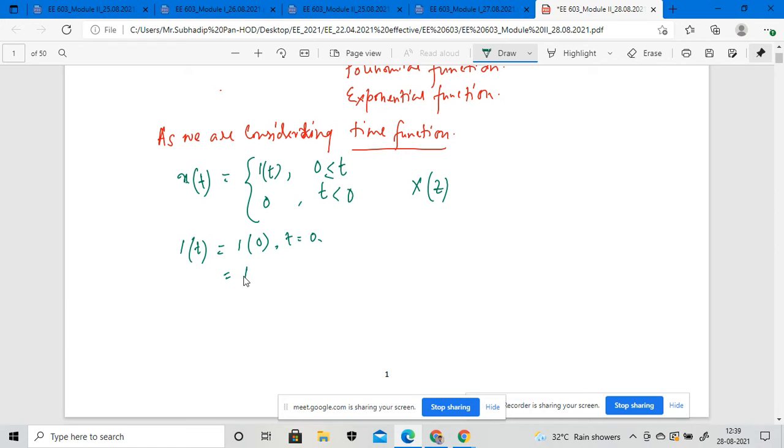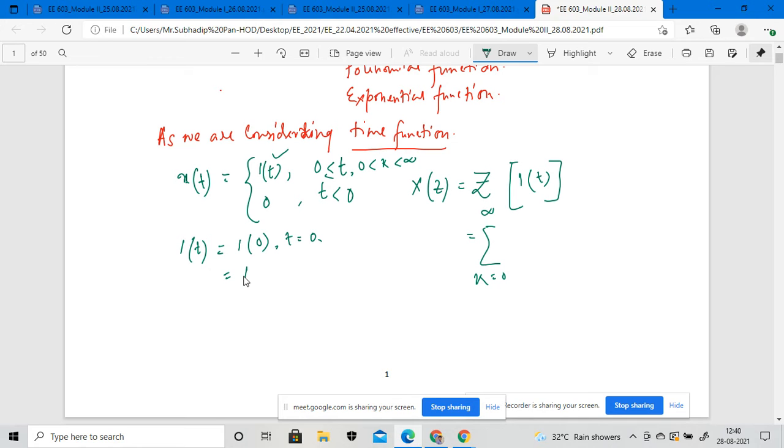X of z equals the Z transformation of 1 of t, where k varies from 0 to infinity.